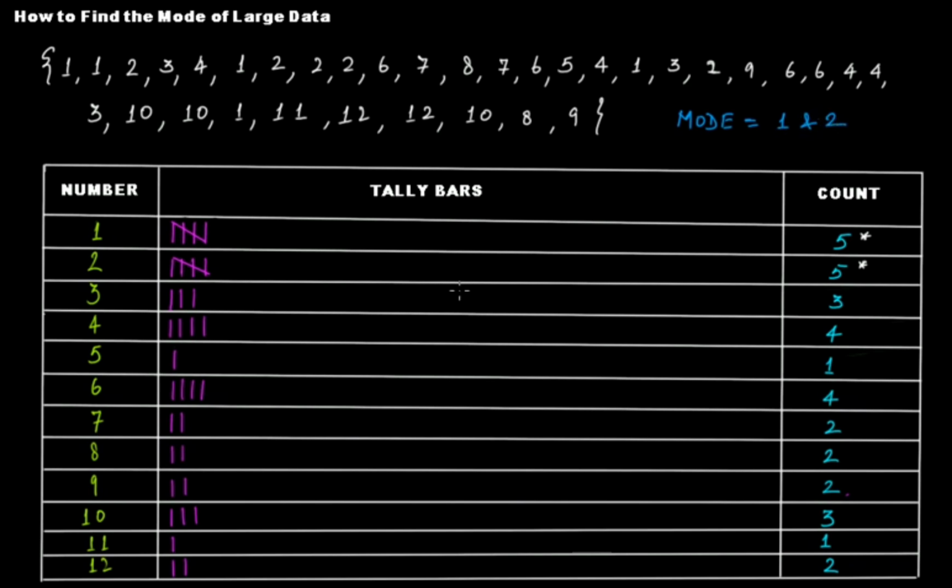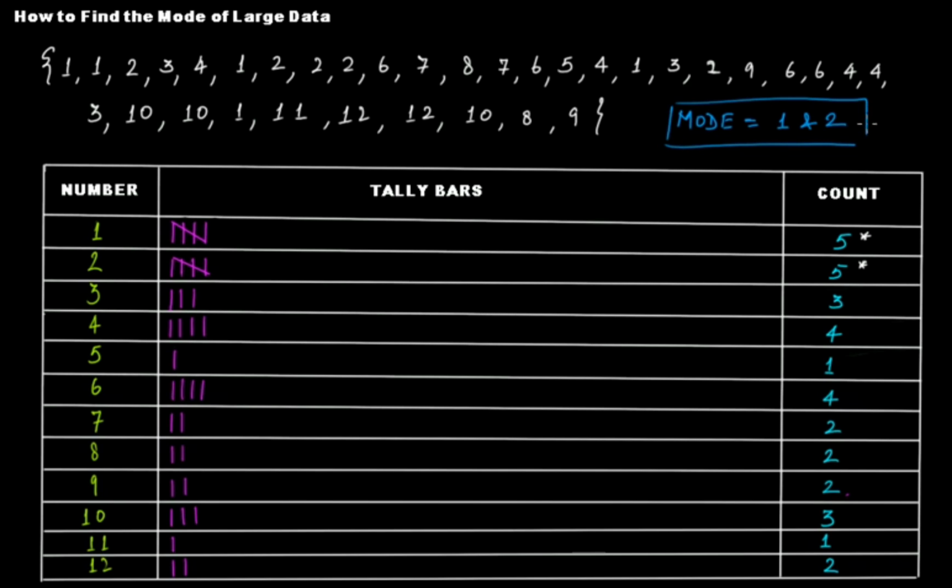Why 1 and 2? Because we know that we can have more than one mode for a given data set, and it all depends upon the frequency, or the number of occurrences of that particular number or value. So we have 2 counts of 5, and one 5 count is for number 1 and one 5 count is for number 2. So we have mode 1 and 2.